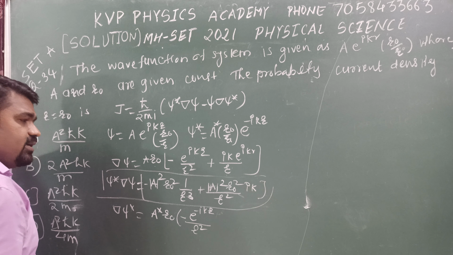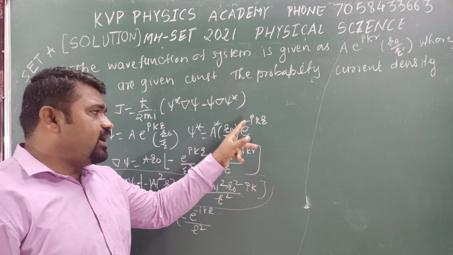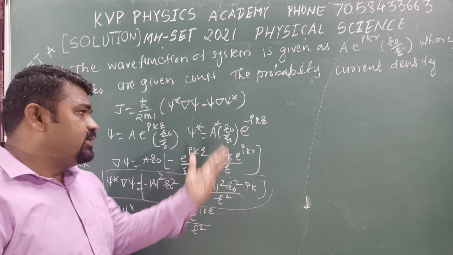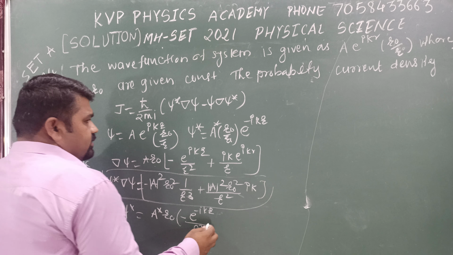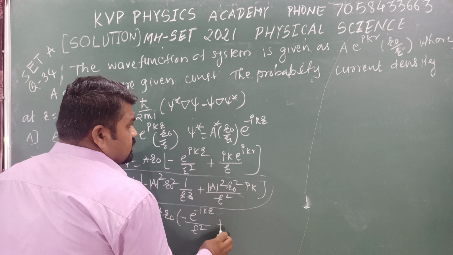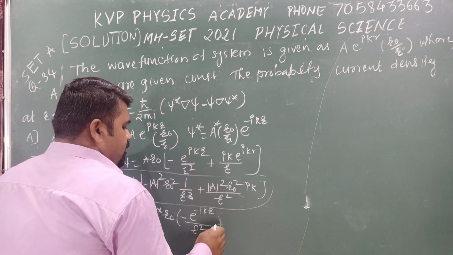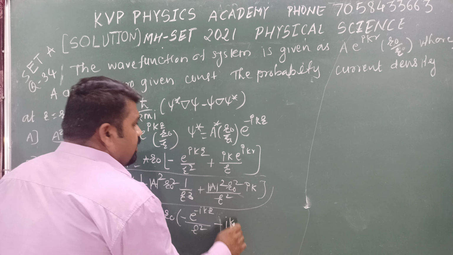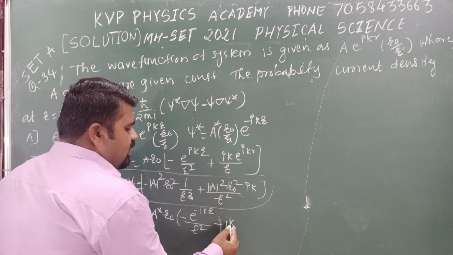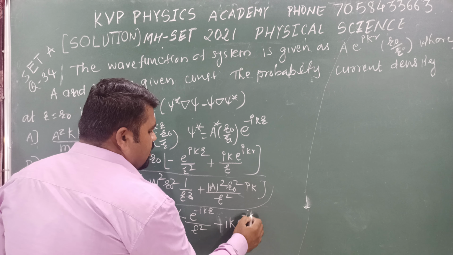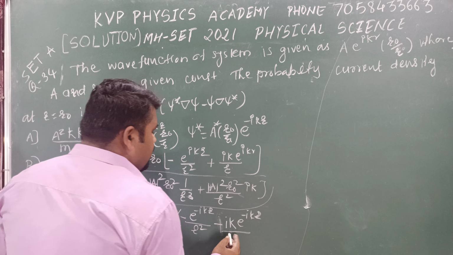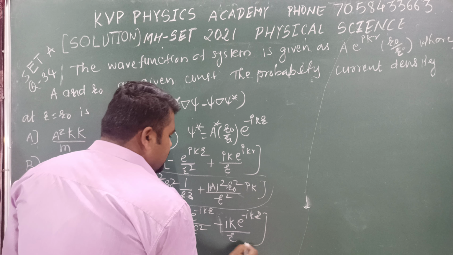Got it? This is the derivative with respect to r. Second, at that time we consider this part as a constant, 1/r is constant, then minus ik e^(−ikr), the derivative of e^(−ikr), upon r.